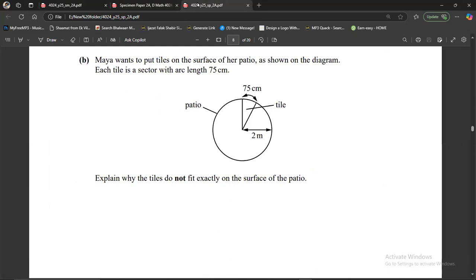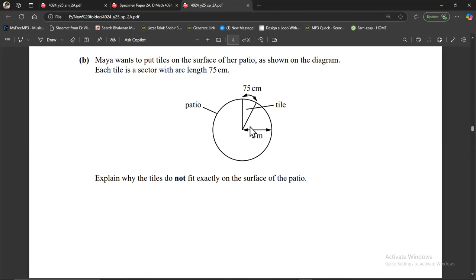Okay, that's the B part. Maya wants to put tiles on the surface of her patio. As shown on the diagram, each tile is a sector with the arc length of 75 centimeter. Explain why the tiles do not fit exactly on the surface of the patio. So there can be two methods. Either you can find the angle of this sector and then divide 360 by this angle.